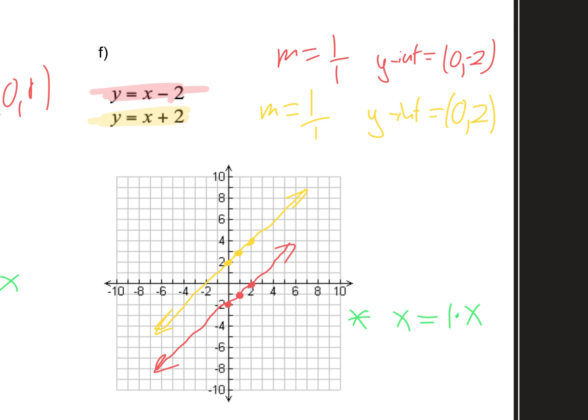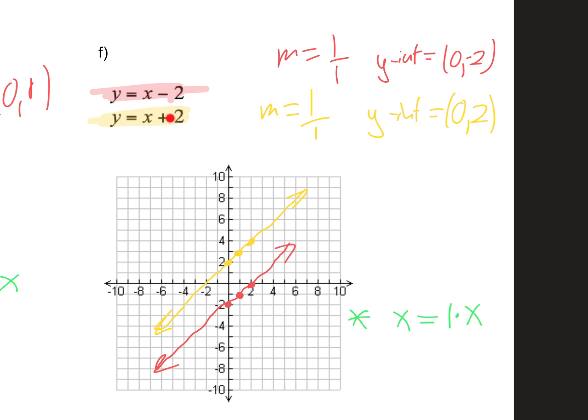You might not be able to tell that from the picture because I'm not the best artist, but we can look at this from a mathematical perspective. If you notice, I said these equations look very similar before we started. They both have y equals x, and then this one was minus 2 and this one was plus 2. So that was the only difference.